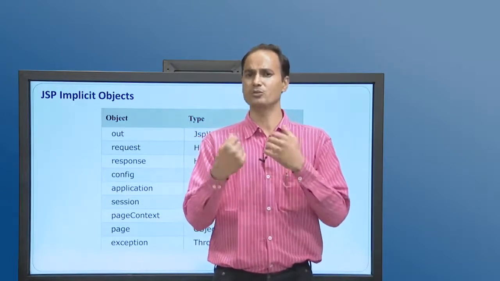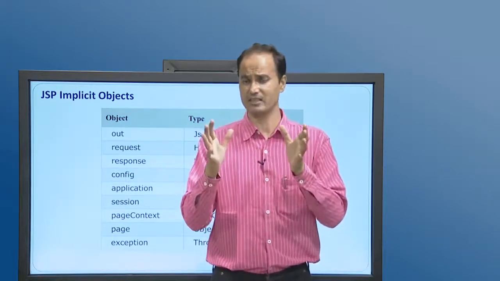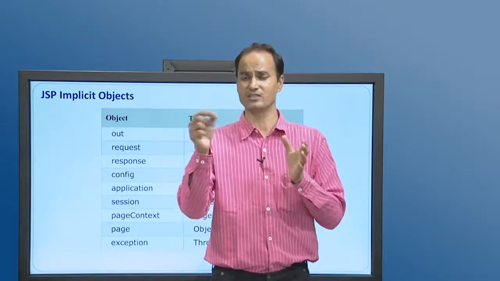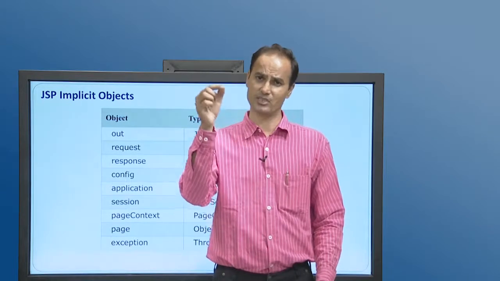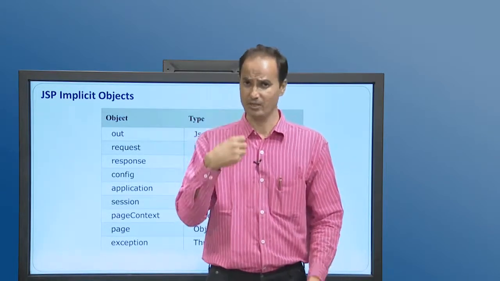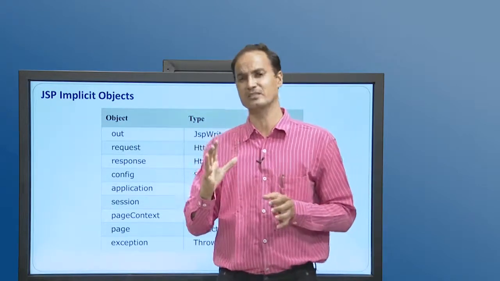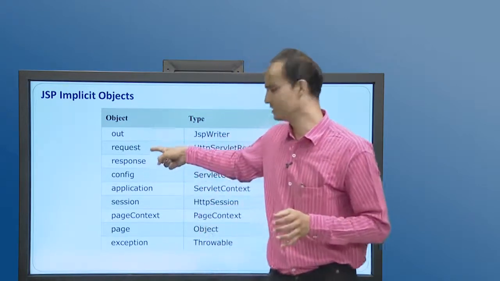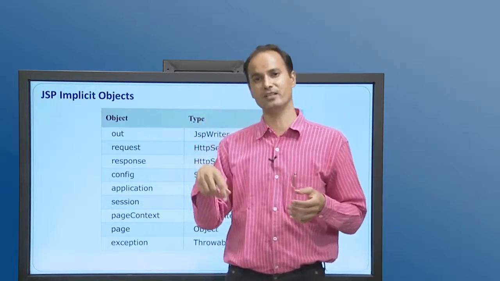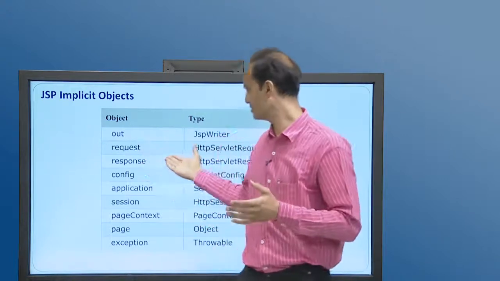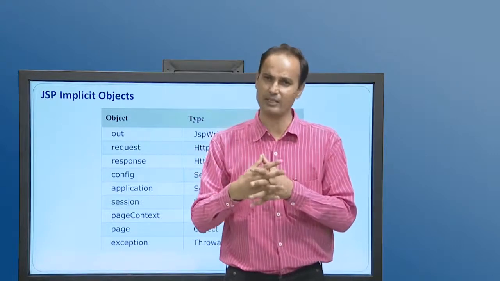So, if you want to fetch the parameters submitted by the user, let us have an example. In a servlet, we need to have the instance of HttpServletRequest, and then we can use this request instance to get the parameter. But in a JSP file, we can directly use the request instance. It is an implicit instance, so we can directly use request.getParameter. In the same way, to send the response, there is a response implicit object that we can access and send the response back to the client.